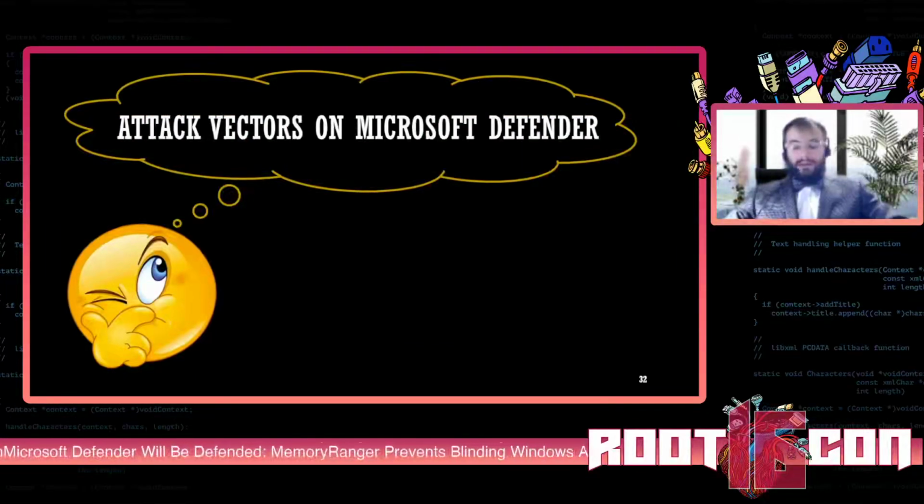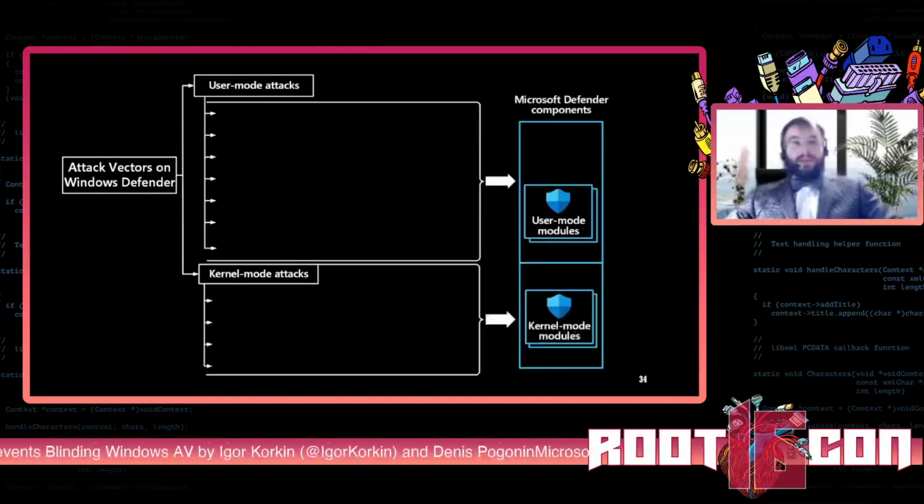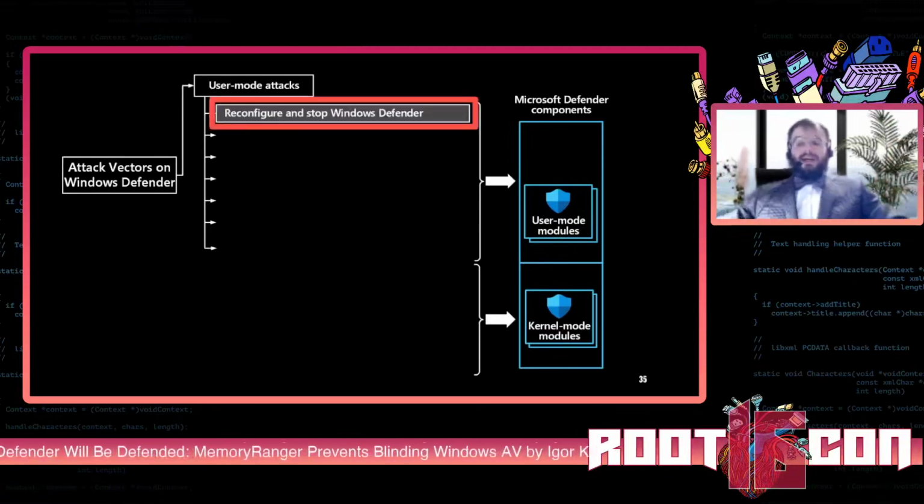All attacks can be divided into two groups: user mode and kernel mode attacks. User mode attacks target mostly user space components, while kernel mode attacks can tamper with kernel mode parts. Regarding user mode vectors, attackers can change the configurations of Microsoft Defender and even terminate its process.